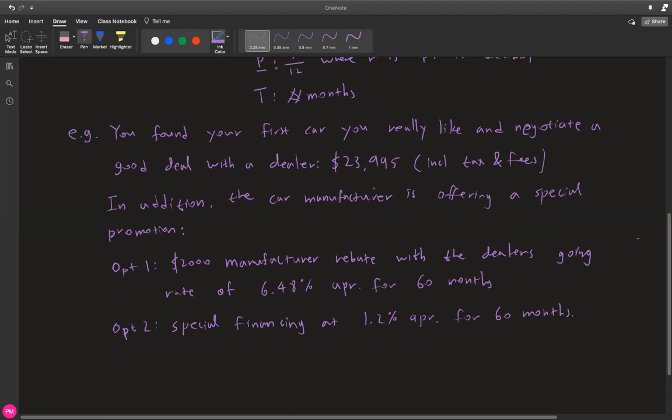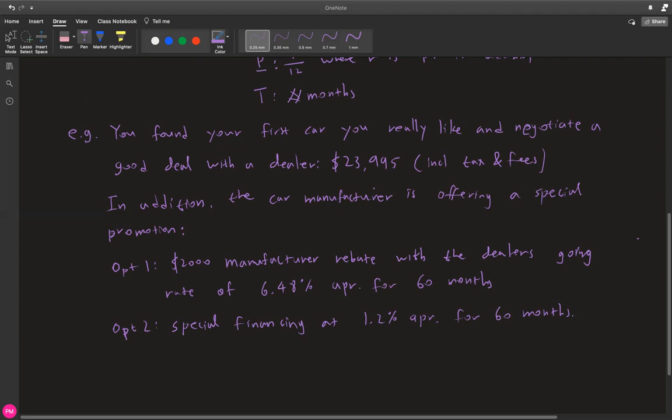On the other hand, if you opt out of the manufacturer rebate, you don't get that $2,000 right now, but with your bank, the current APR is 1.2%, which is a lot lower.